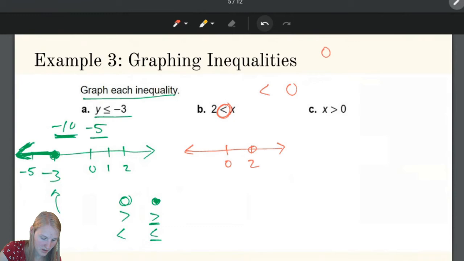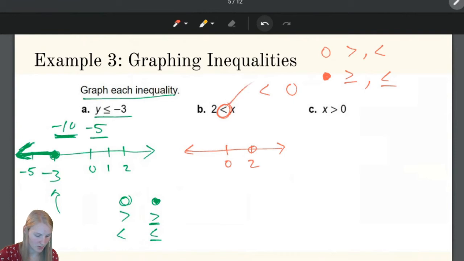For the open, we have greater than or less than, and for the closed, we have greater than or equal to, or less than or equal to. So because this symbol looks like one of these, we're going to leave this circle open, and we're not coloring it in. Okay. All right. Now we need to decide which direction the arrow points in. Are we going to point that way, or are we going to point that way?